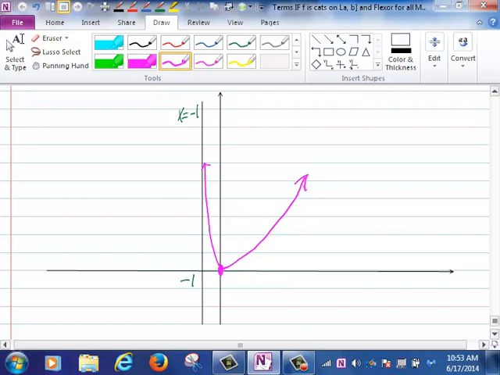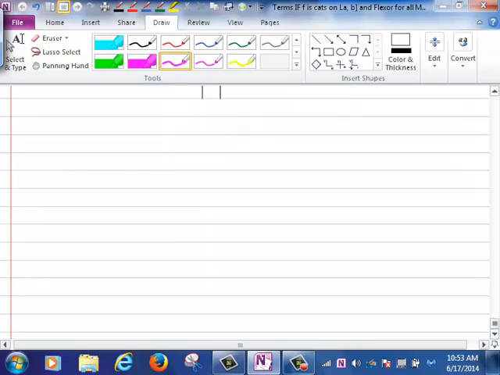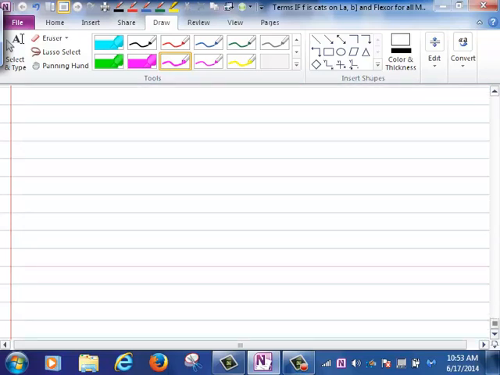Okay, so I am going to go ahead and go into section 3.7. As I said, we are skipping 3.6. 3.6 is really something that you could do on your own. 3.6 is on sketching curves as well.